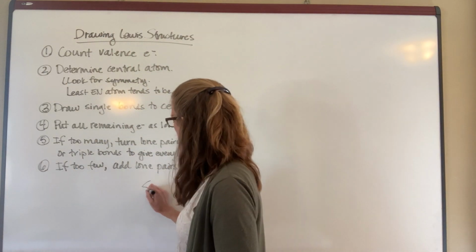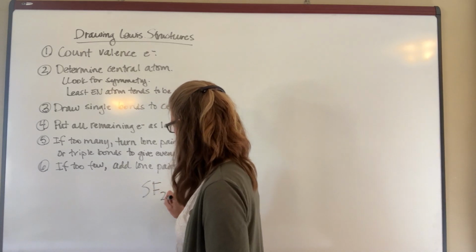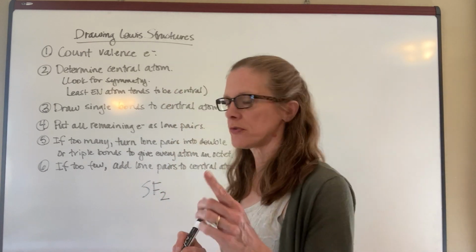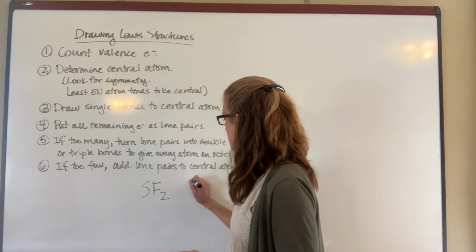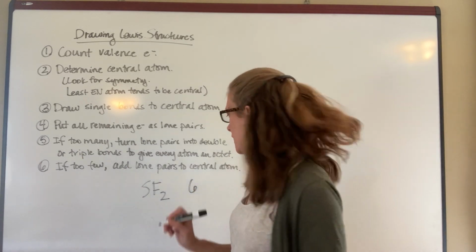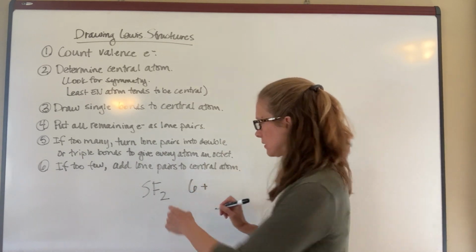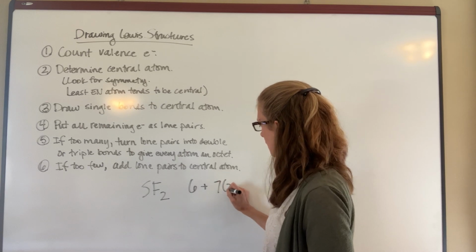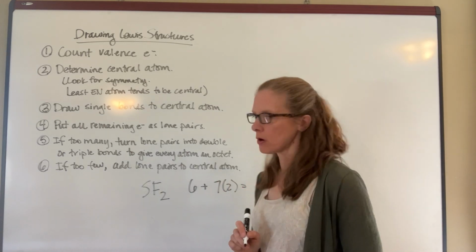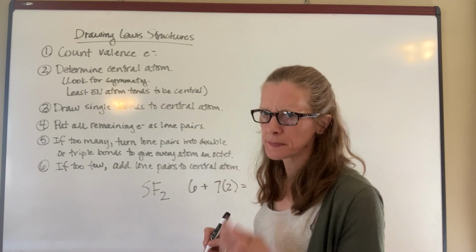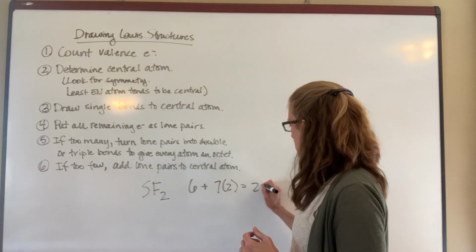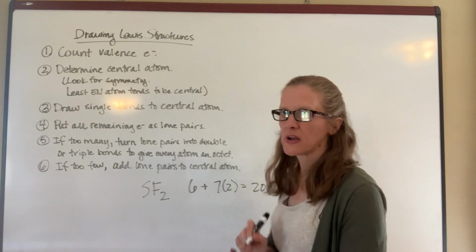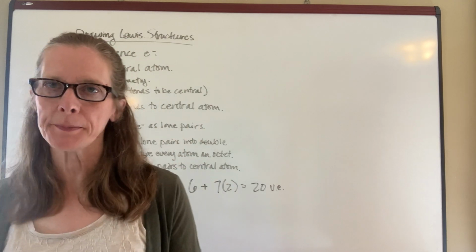So we're going to look at SF2. The sulfur has 6 electrons plus the fluorine has 7, and there are 2 of them. So 14 plus 6 is going to give me 20 valence electrons to work with, okay?